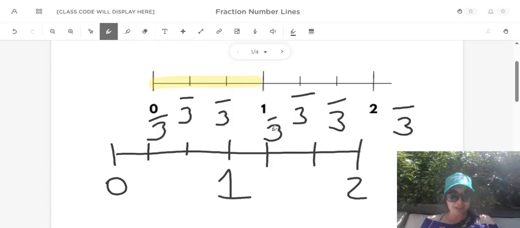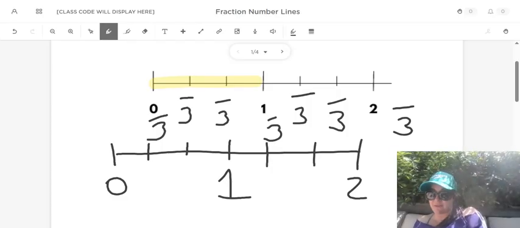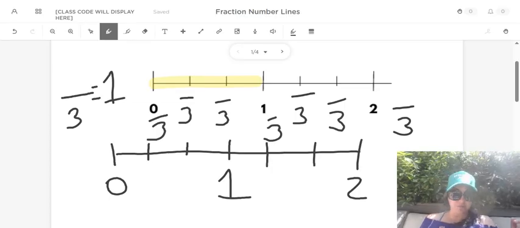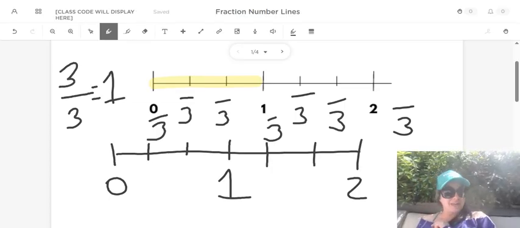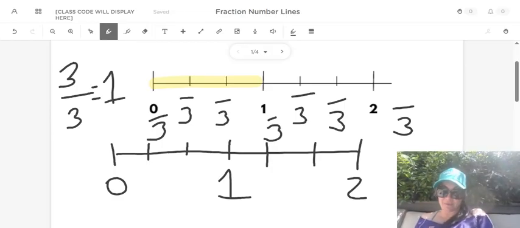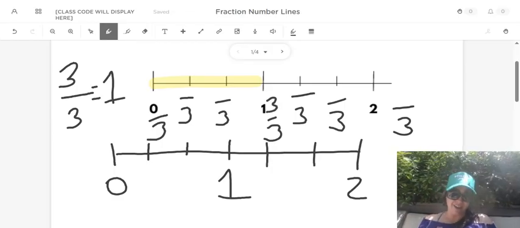Because if your denominator is 3, what needs to be in the numerator for it to be equivalent to 1 whole? Something over 3 equals 1 whole. What over 3 equals 1 whole? That's right. 3 over 3 equals 1 whole. So I would probably even start here, so that way I don't get tricked. And then I can label the rest of them.